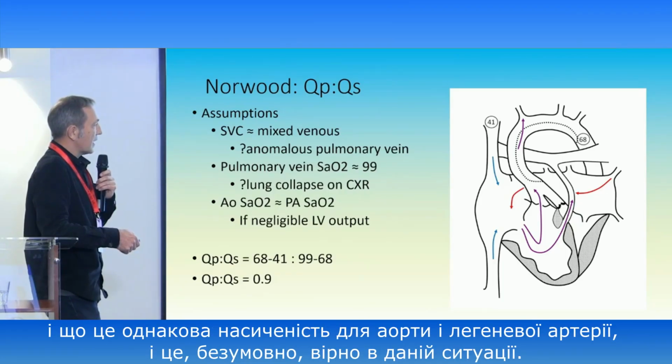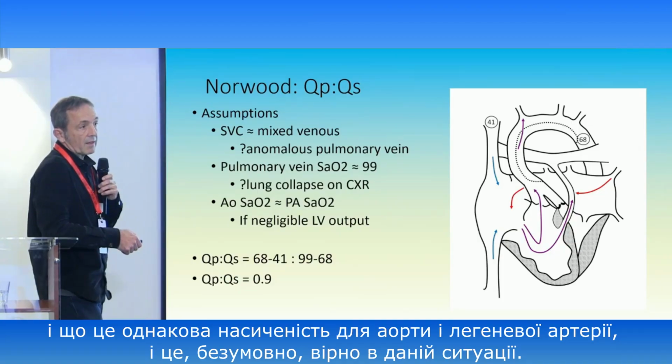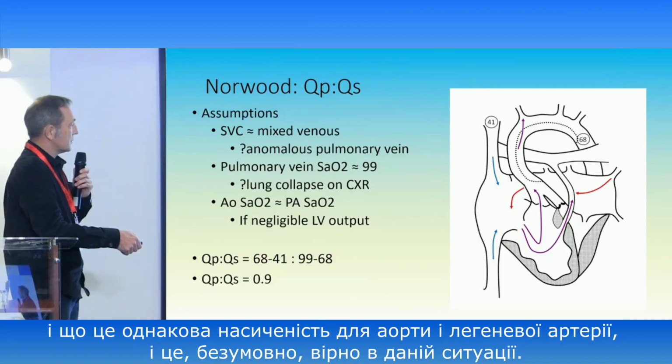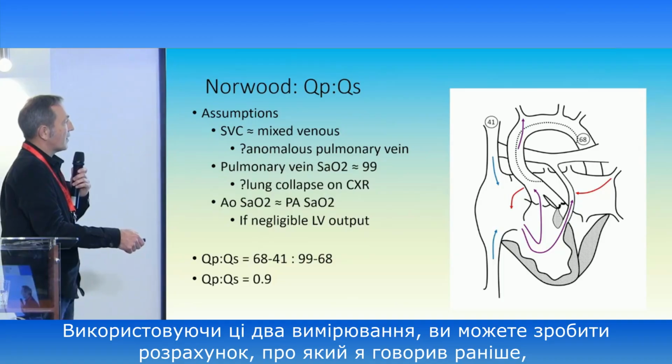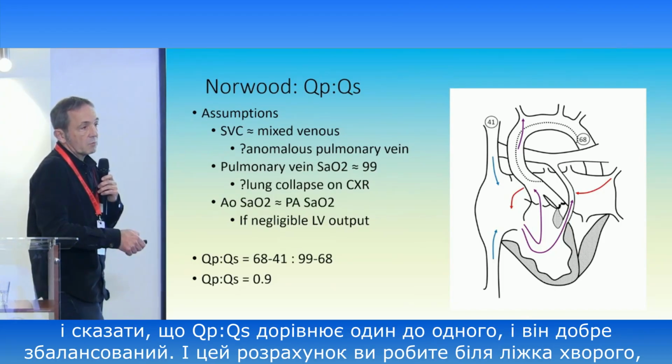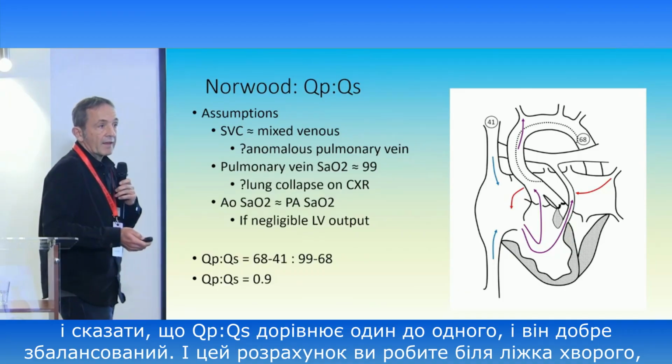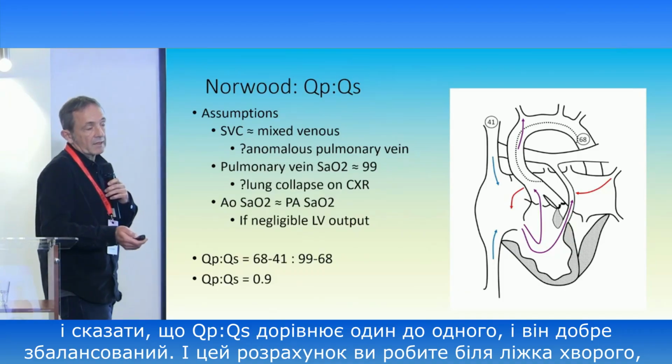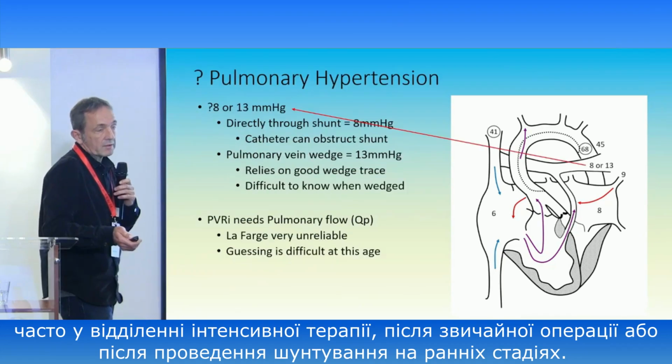And that the aortic and the pulmonary artery saturations are the same. And that's certainly true in this situation. With that, just using those 2 measurements, you can do the calculation I taught you through before and tell that the Qp:Qs is 1:1 and he's well balanced. And that calculation you do at the bedside frequently in intensive care after a normal operation or an early shunt.